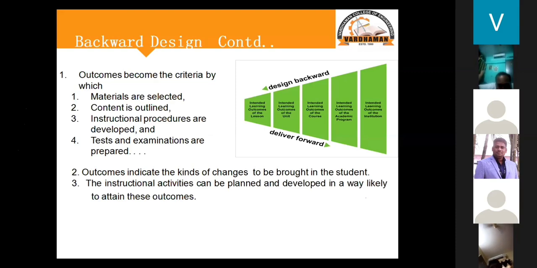Outcomes always speak about the kind of changes to be brought in the student, and the instructional activities which we planned and developed ensure that the outcomes are attained. If we go with a wrong design of the instructional activities, then the students fail to attain the outcomes also.